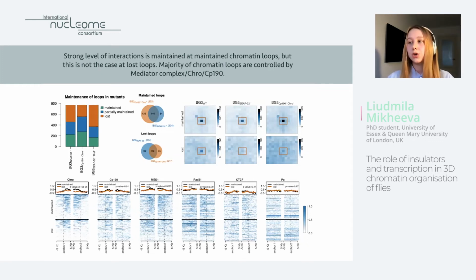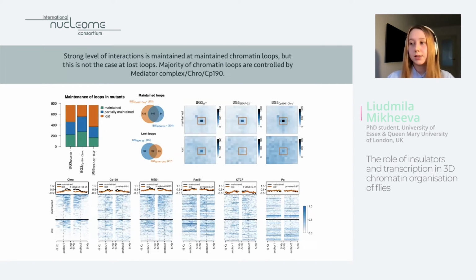It confirmed that the strong level of interaction is maintained in the two knockdowns only at maintained chromatin loops, while it's not the same in the case of the lost loops. The maintained loops display a higher level of Chromator compared to the lost loops, suggesting that the depletion of Chromator or blocking of its recruitment, that is BEAF-32, is not sufficient to affect the maintained loops.